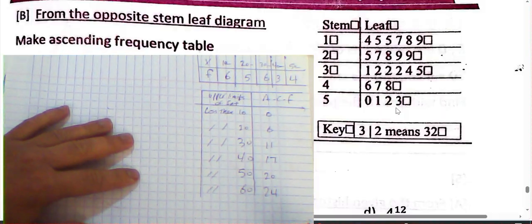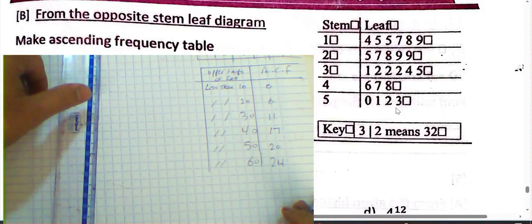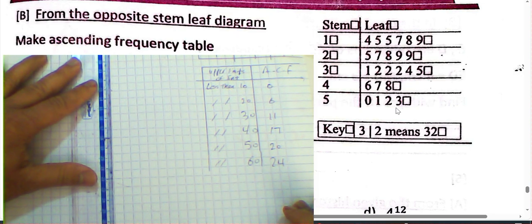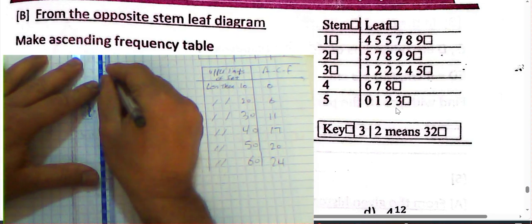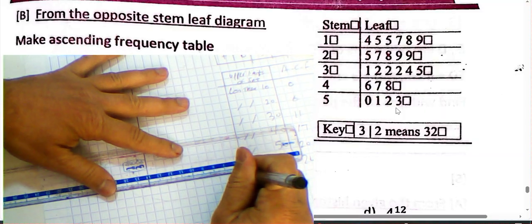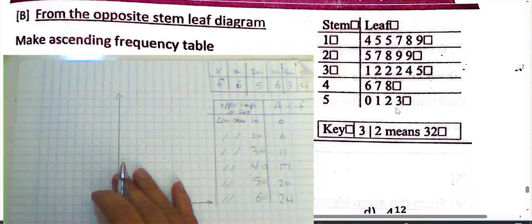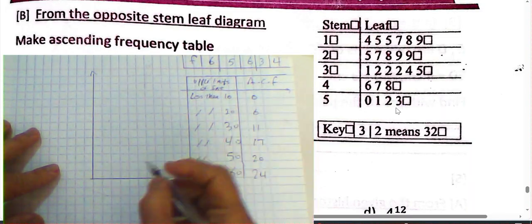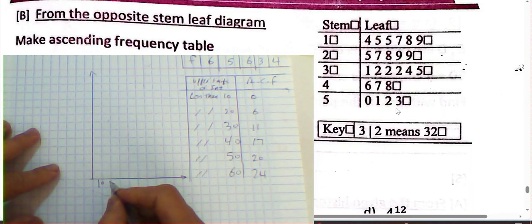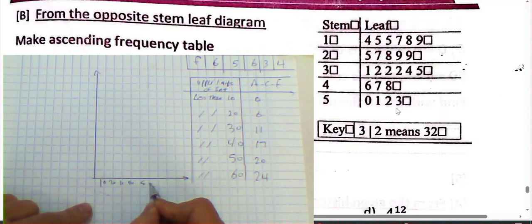Okay, and next step after the table, we draw the curve like this. We have horizontal and vertical. We have sets 10, 20, 30, 40, 50 to 60.